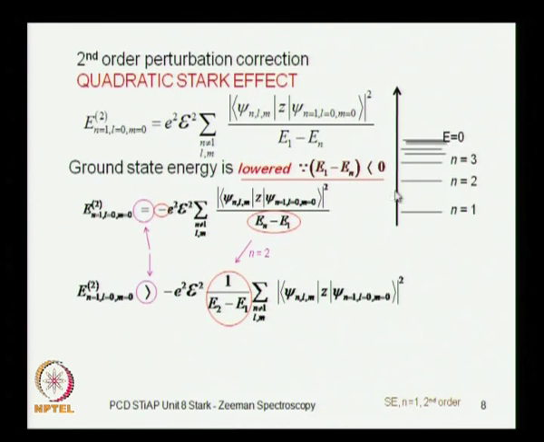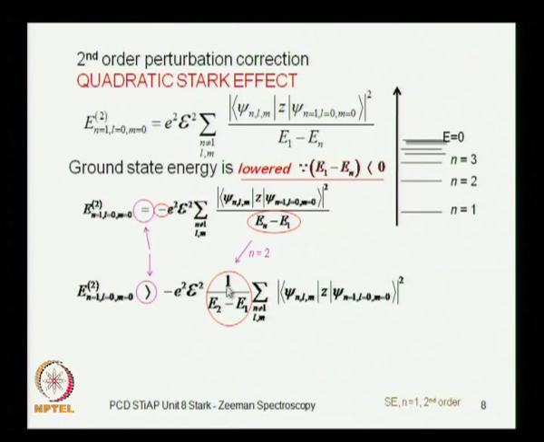So let us take the least value that is possible, and that is for n equal to 2, okay, and that means that you get a certain bound which guarantees that this second order correction will be greater than this difference, in which you have extracted 1 over E2 minus E1 outside the summation sign, okay.